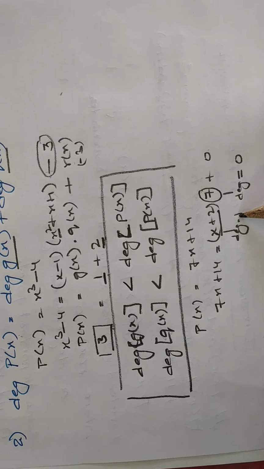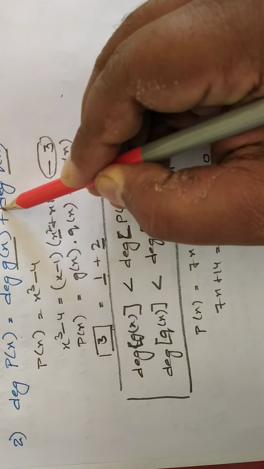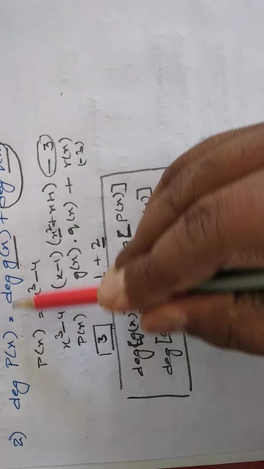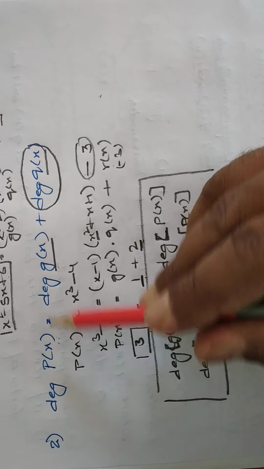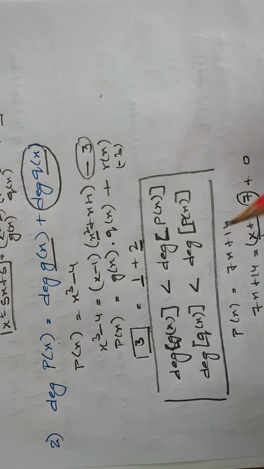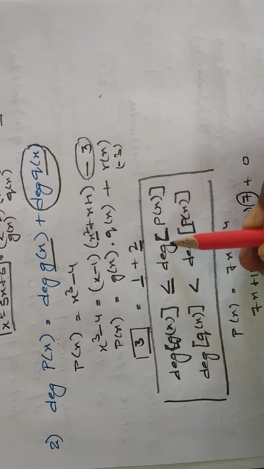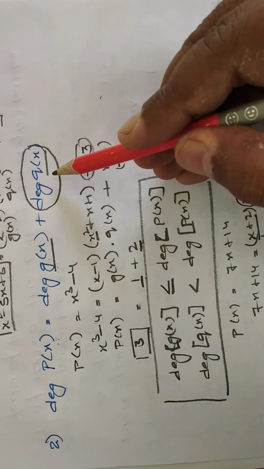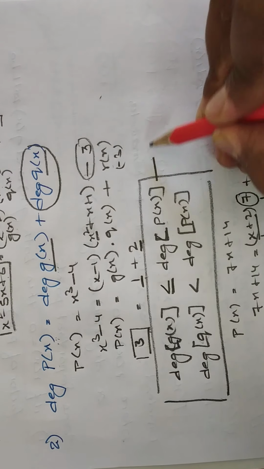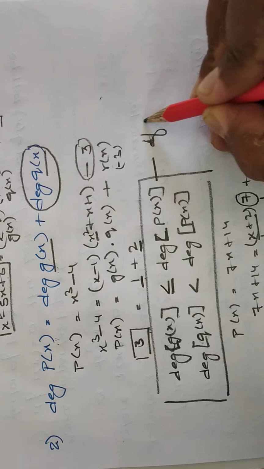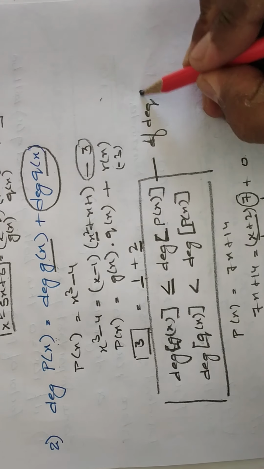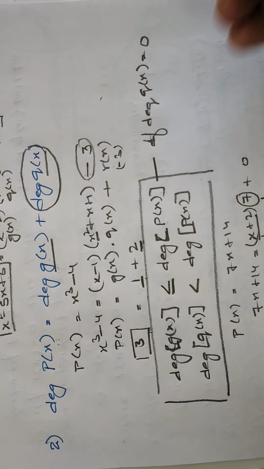So what we have seen is that if the degree of q(x) becomes 0, then the degree of g(x) is equal to the degree of p(x). So we can say that the degree of g(x) can be equal to the degree of p(x) if the degree of q(x) equals 0.